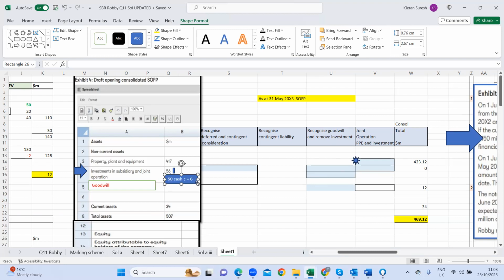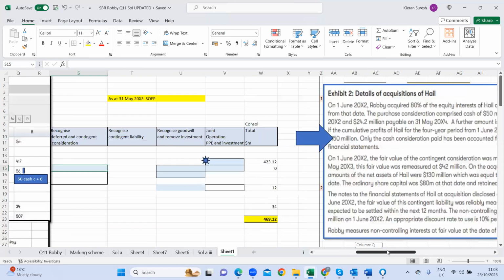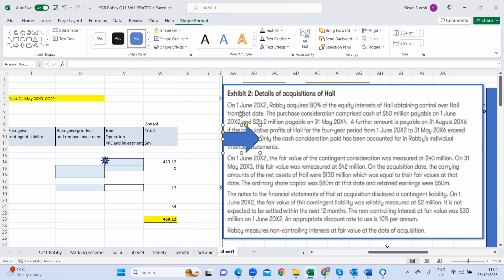Within this there is a 50 million, but for the accounting entry I should not be worried. I don't have to recognize this 50 million in my books. Why? It has been done. They have only recognized the 50 million: only the cash consideration paid has been accounted for. They have credited the cash account and debited the investment account in their own books. That has been done, so I shouldn't be worried about it.